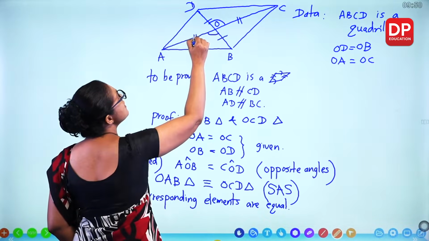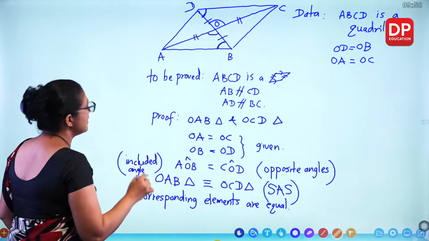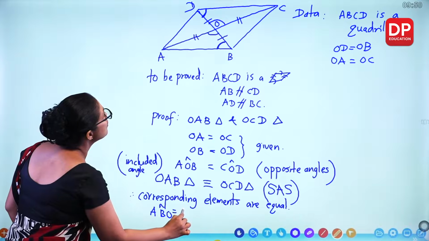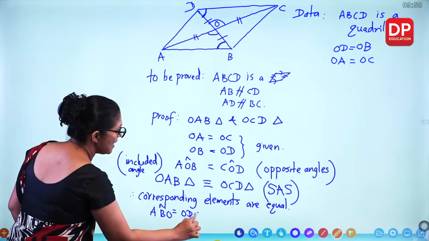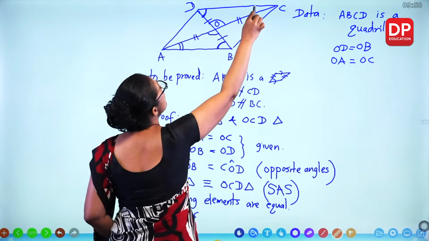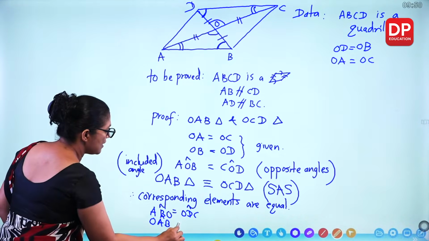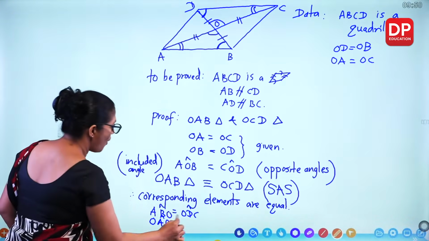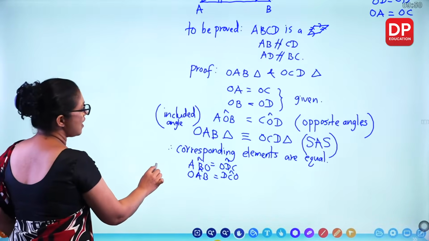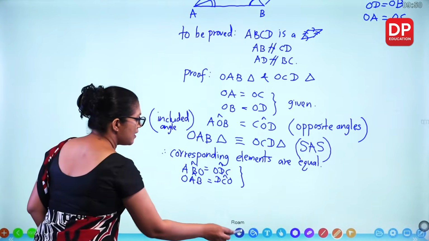Corresponding elements to this line, this angle is equal to this angle. I can write ABO angle is equal to ODC angle, and when you take this way, this angle is equal to this angle. OAB angle is equal to DCO angle. Those are corresponding elements.